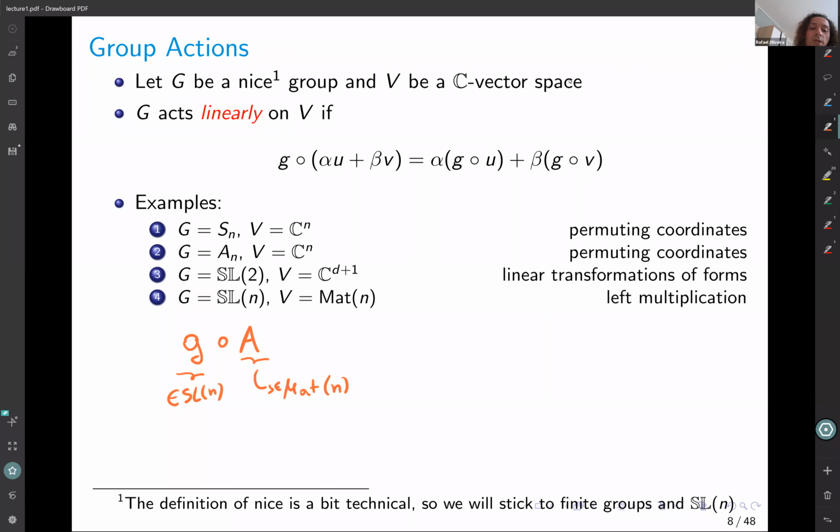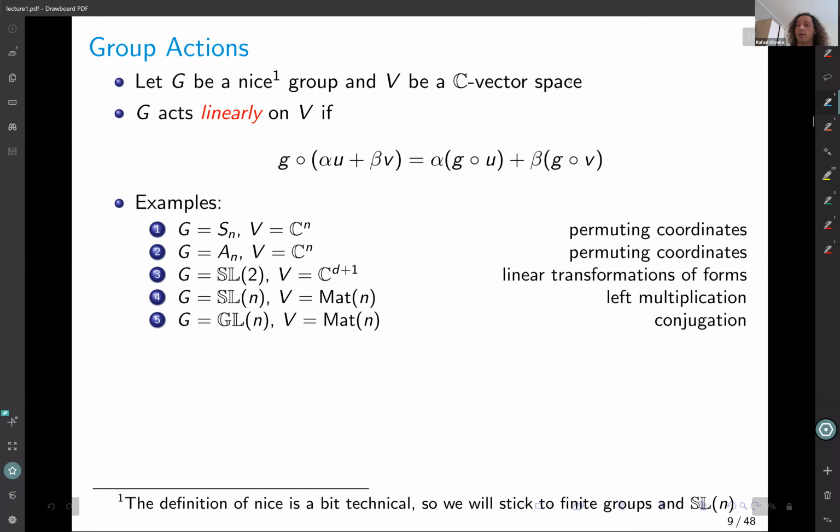This action is just the left multiplication, so I'm just going to multiply G times A. This is the usual matrix multiplication, because both of them are the same dimension, so this multiplication is well defined. You can see that this is a group action as well, and we're going to see that many objects that are familiar to you fit into this whole theory of geometric invariant theory.